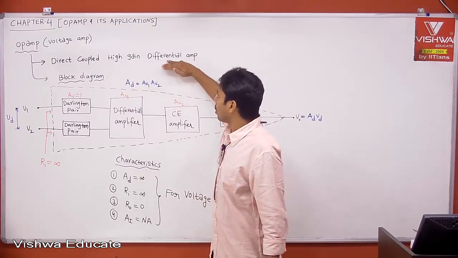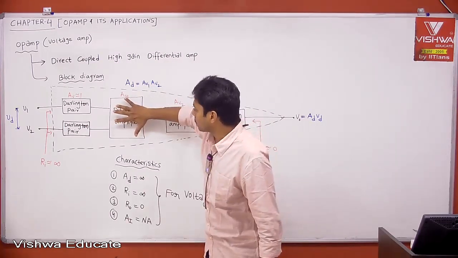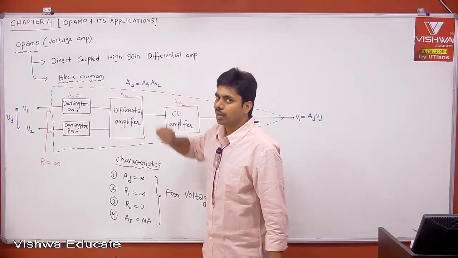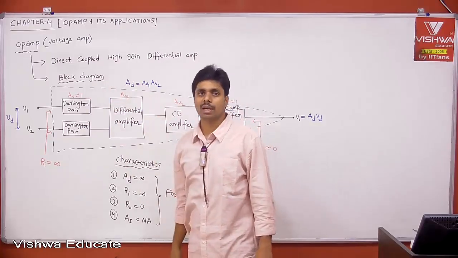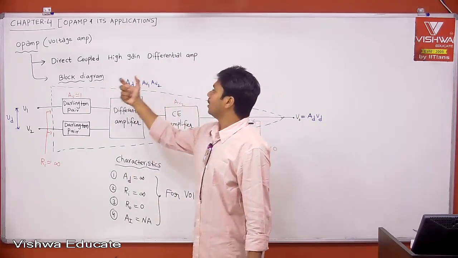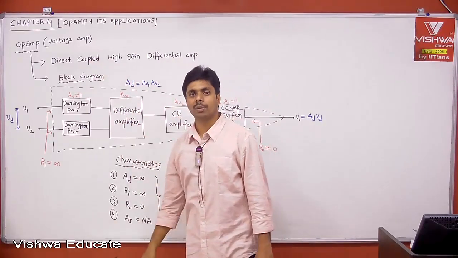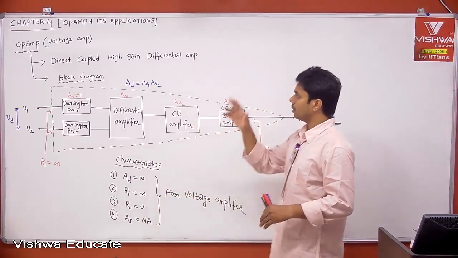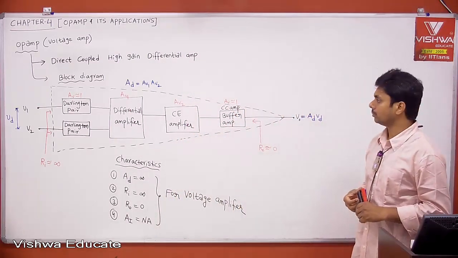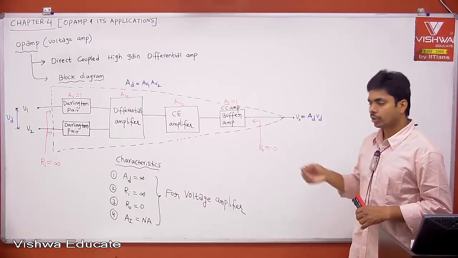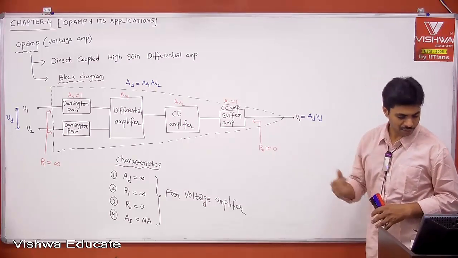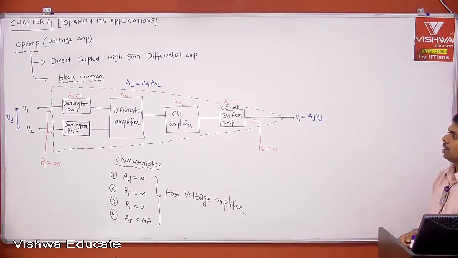Now I am explaining what is the differential amplifier. I am going to explain the purpose of the differential amplifier, then we will see direct coupling action. Or I can combinedly explain the differential amplifier along with direct coupling, then we will get the complete definition of op-amp. I'll give you 30 more seconds, then we will see the differential amplifier.